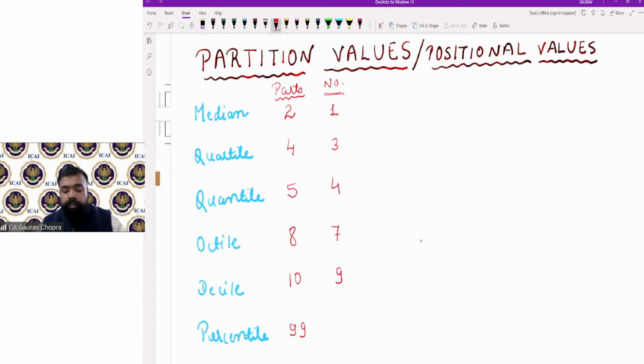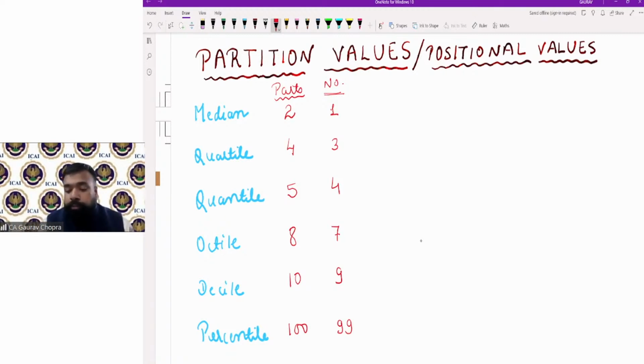And percentile will be 99. Percentile basically means it divides an arranged series into 100 equal parts, so there are 99 positional values. So in all these cases, we have to subtract 1.